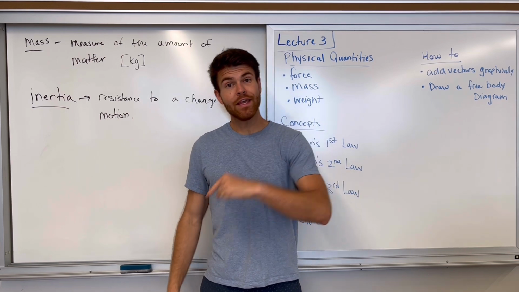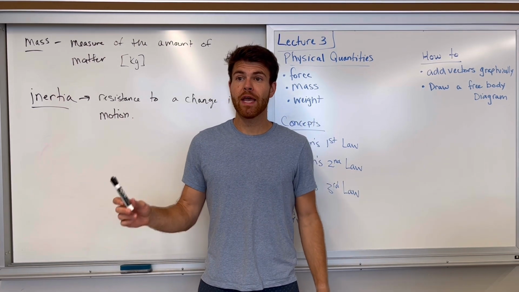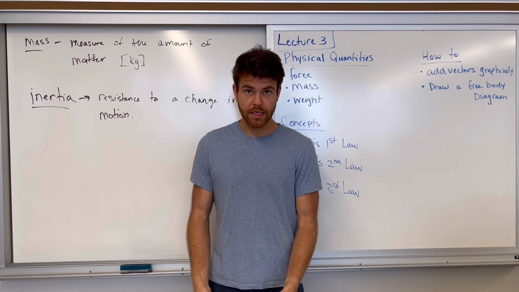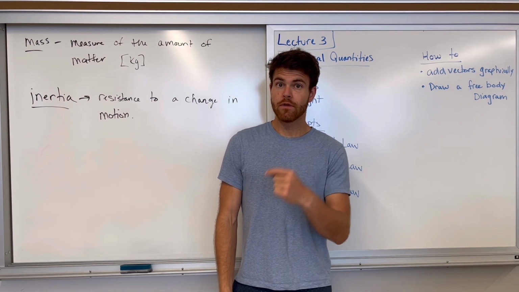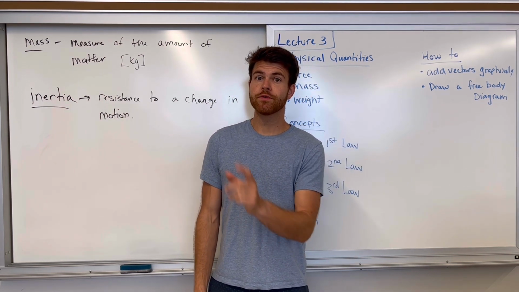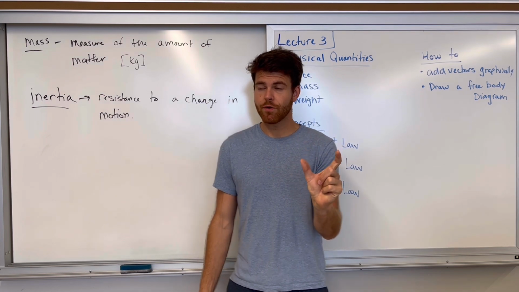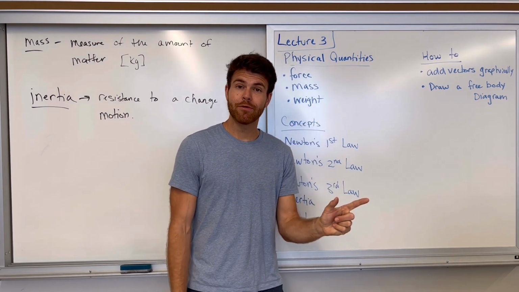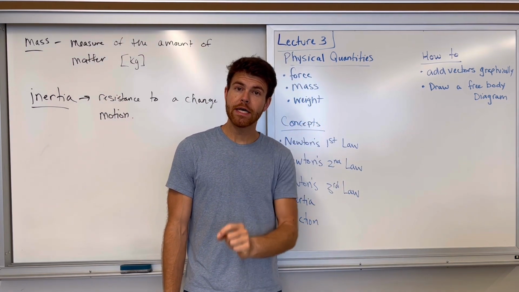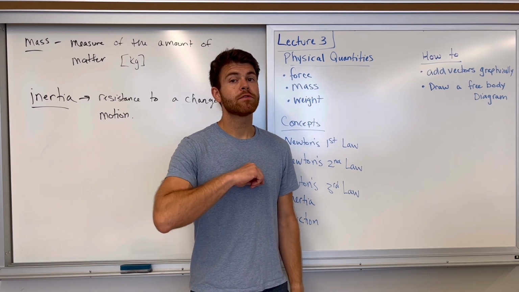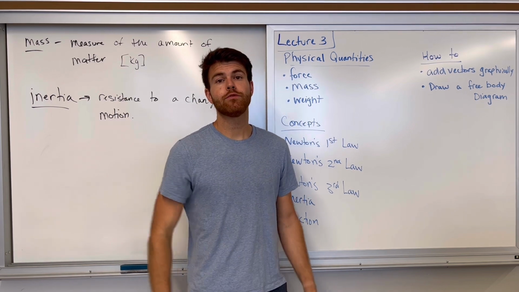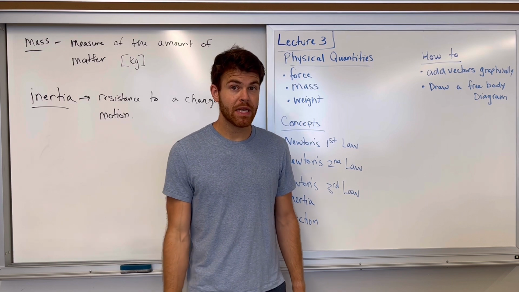If an object is moving at a constant velocity, remember from our last lecture, velocity has both speed and direction, so it's moving at the same speed, that's the magnitude of the velocity, and it's not changing direction. Then because of inertia, that object wants to continue traveling at that same speed and direction.